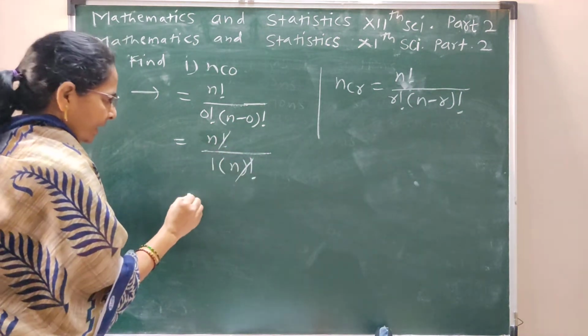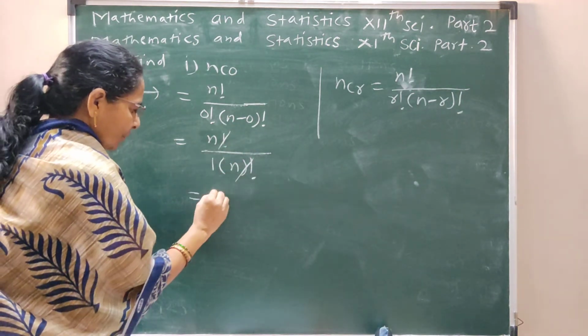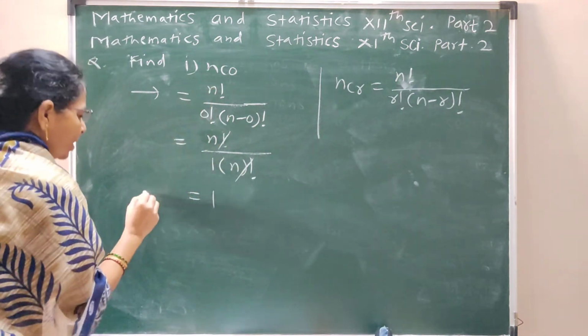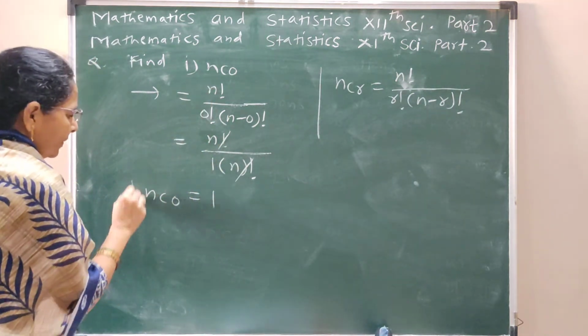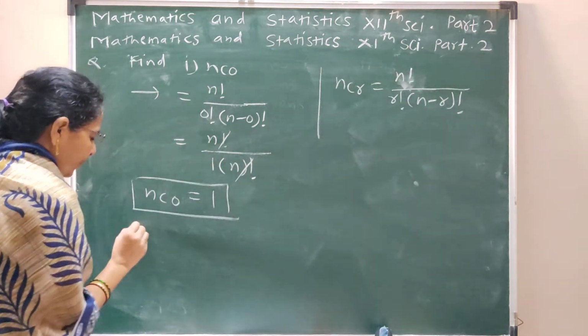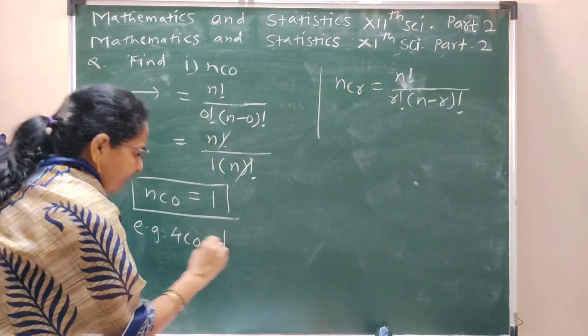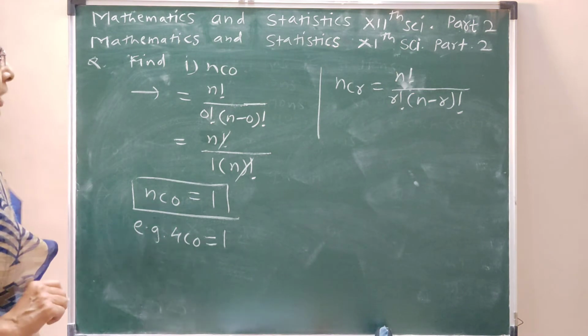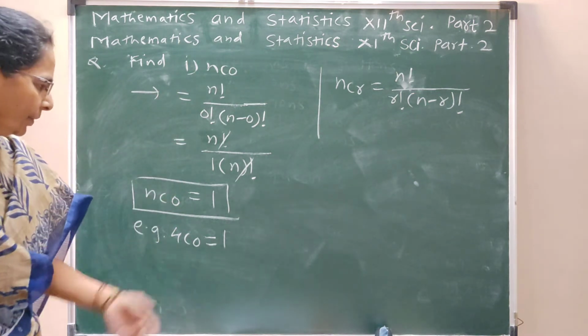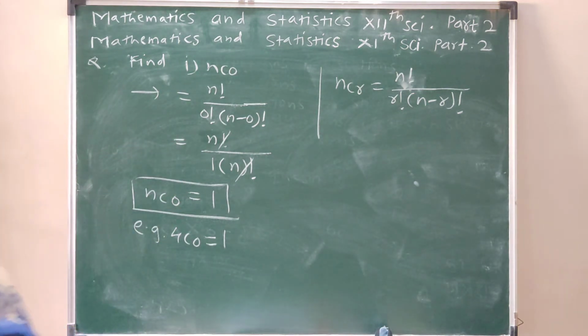N factorial gets cancelled. Answer is 1 upon 1, which is 1. That means nC0 is always 1. For example 4C0 is always 1.